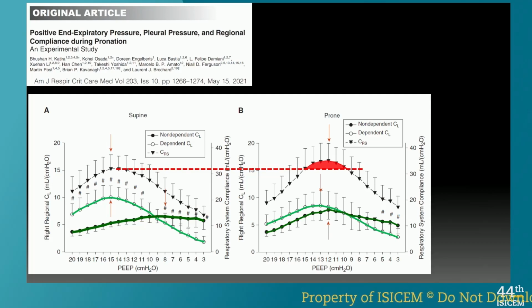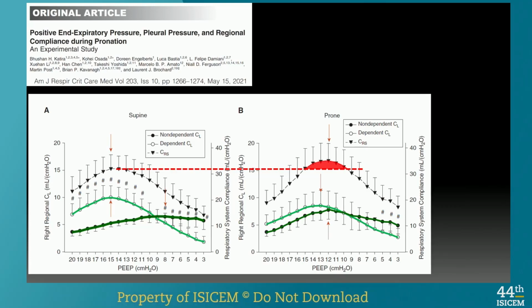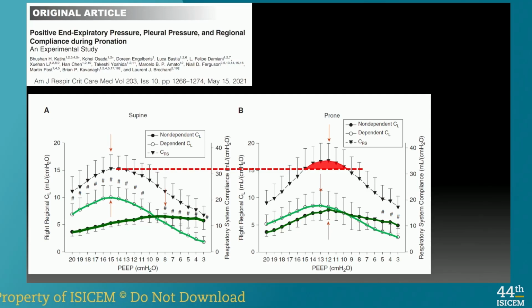So when you sum these two curves, the overall compliance gets worse than in prone. So it's much more likely to have a good PEEP in prone because all the units are going to be happy at the same PEEP. In supine, it's very difficult to find a PEEP that makes everyone happy.